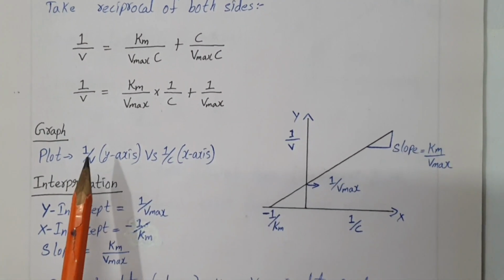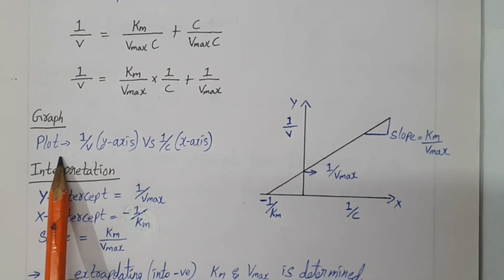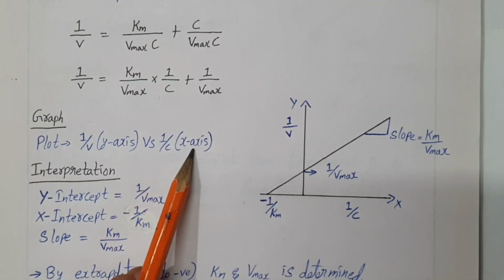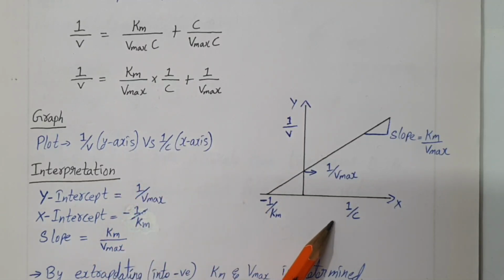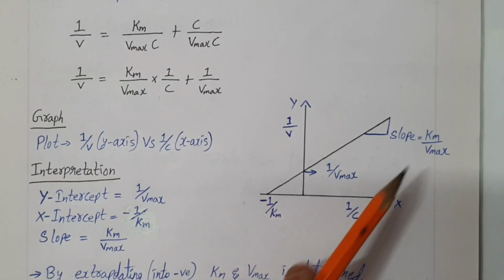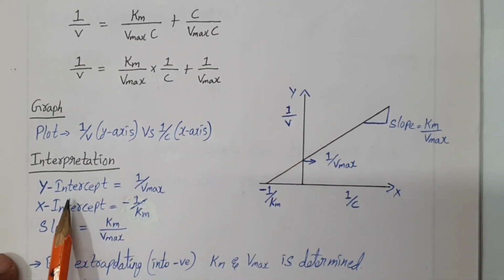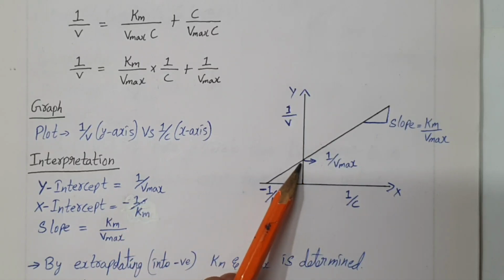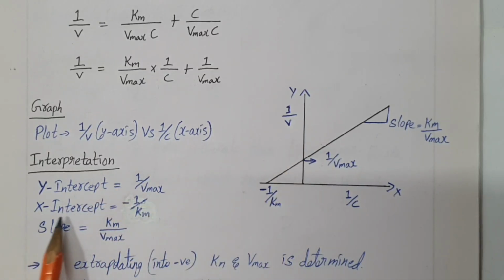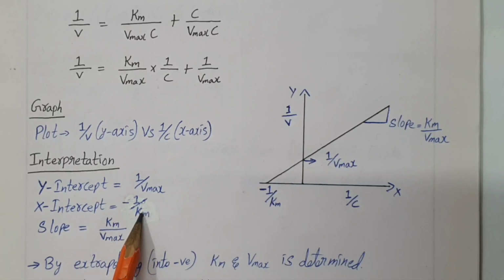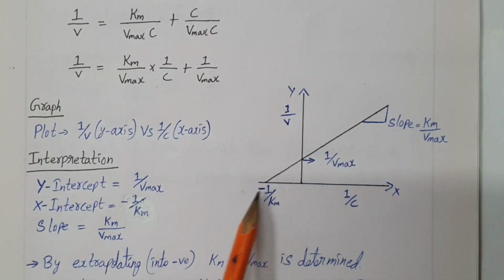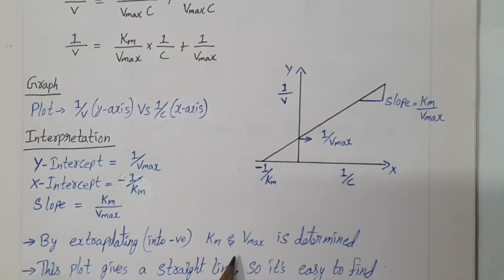After that we have to plot the graph. On the y-axis we are taking 1 by V and on the x-axis we are taking 1 by C, as you can see here. Our interpretations: y-intercept is 1 by Vmax and x-intercept will be minus 1 by Km, which we get by extrapolating to the negative side.